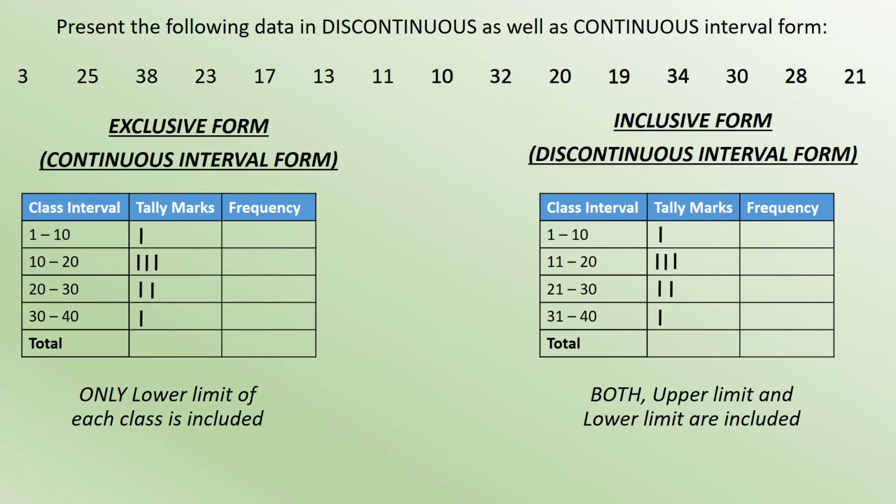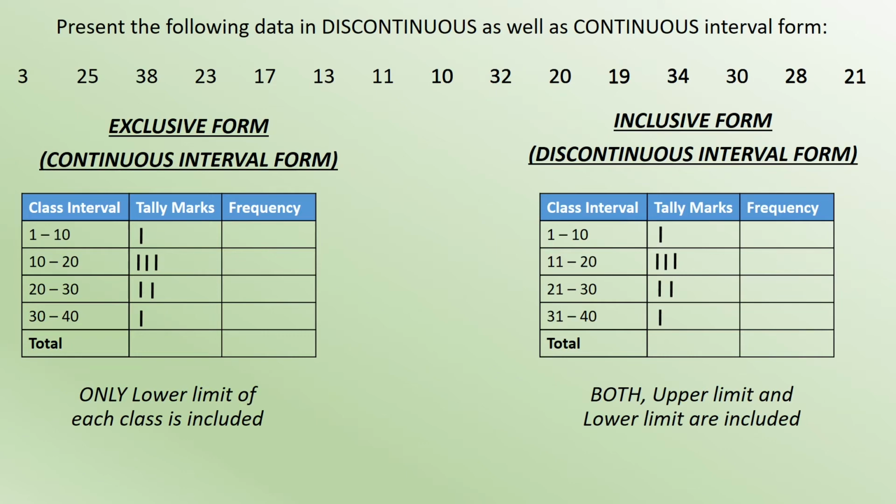Now comes the number 10. Now you have to be very particular while making the tally marks for the numbers that are the limits of class intervals. Now 10, as you can see in the exclusive form, is appearing in two different class intervals, that is 1 to 10 and 10 to 20.